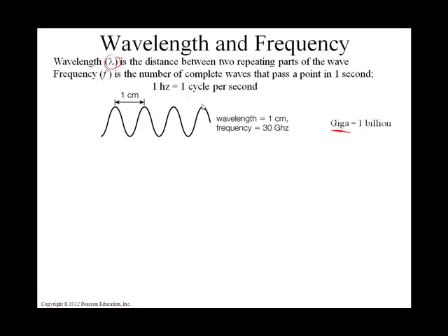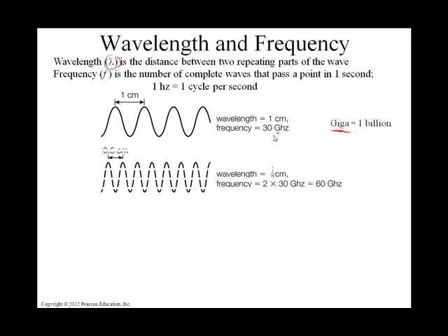In this first one, it has a wavelength of 1 centimeter, something you can sink your teeth into, and a frequency of 30 gigahertz. That means 30 billion cycles per second. If you're standing there being a counter, in 1 second, 30 billion cycles will have passed you.